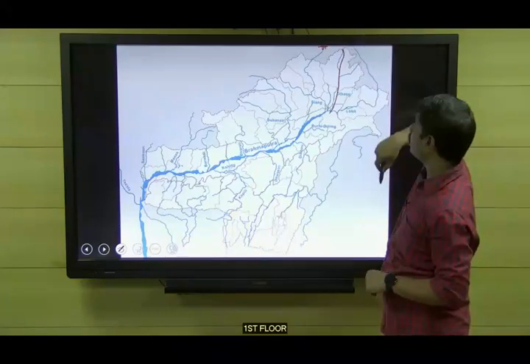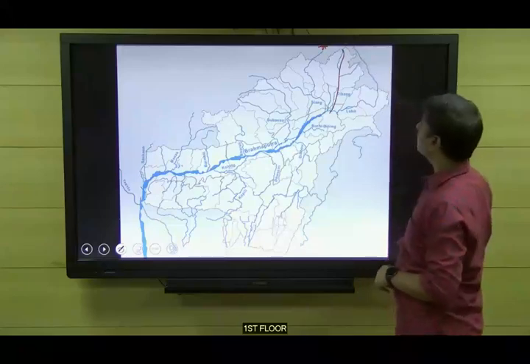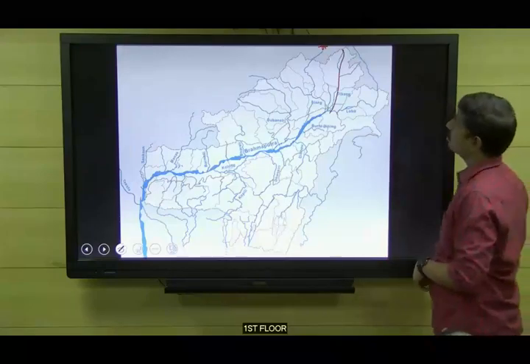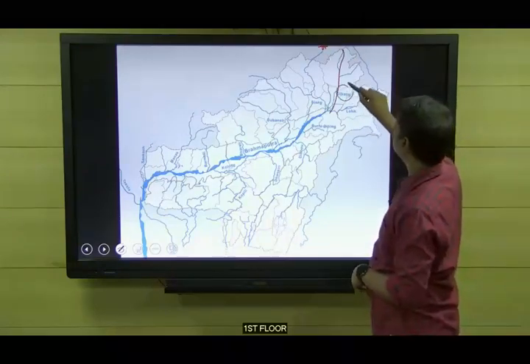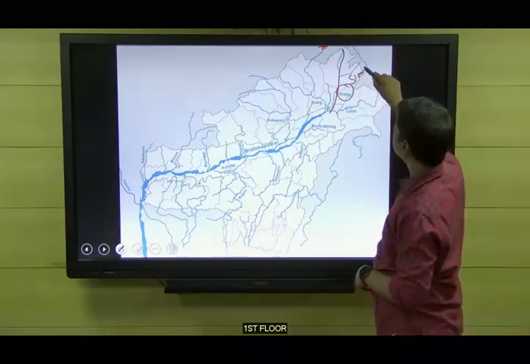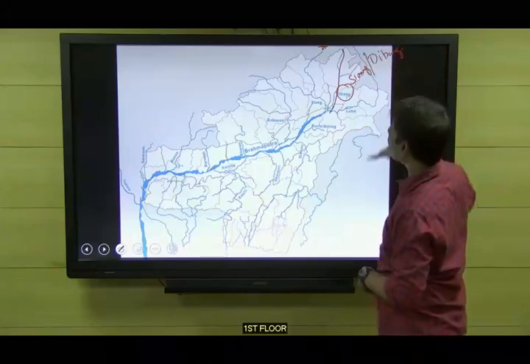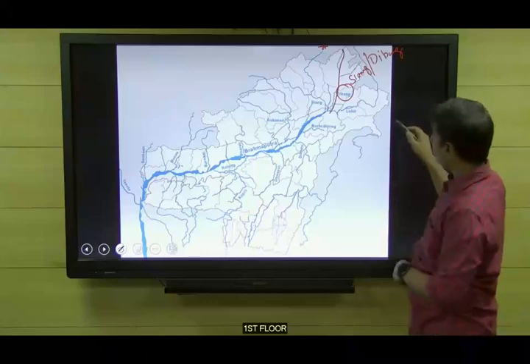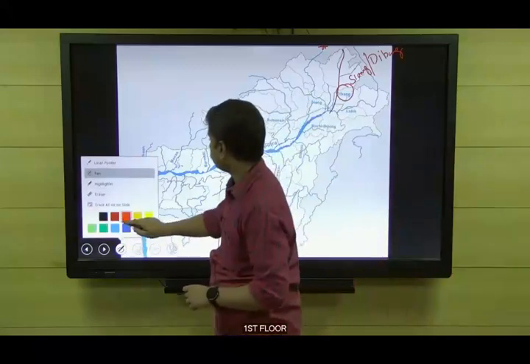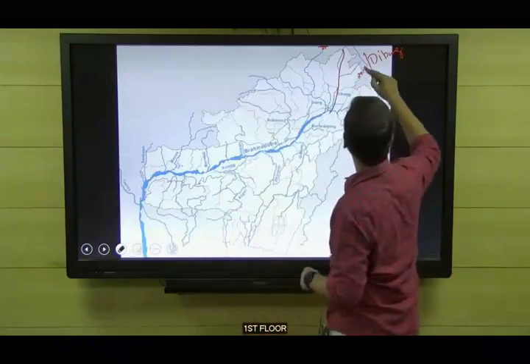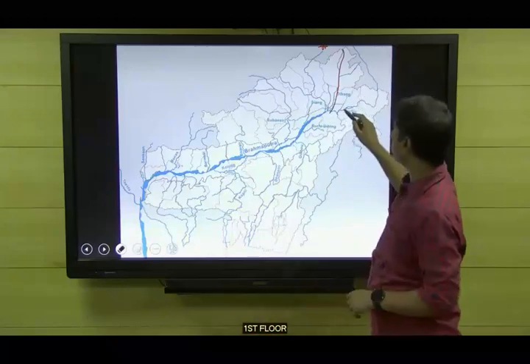Beyond this, at somewhere like this point, it curves around the Namcha Barwa and forms a gorge. Here it is known as Siang or Dibang. The name is Siang or Dibang. You can see that Dibang also.